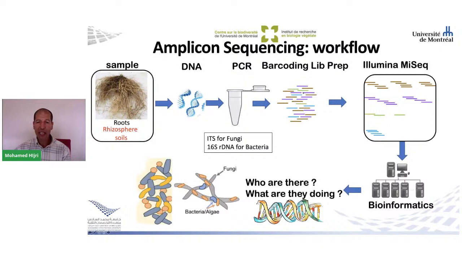We pooled all the samples together and subjected them to Illumina sequencing, followed by bioinformatics that allows us to sort the samples that were pooled previously. Out of that bioinformatics analysis we can tell who is there, their name, their taxonomic affiliation, but also we can predict their role. The prediction here really depends on the groups.